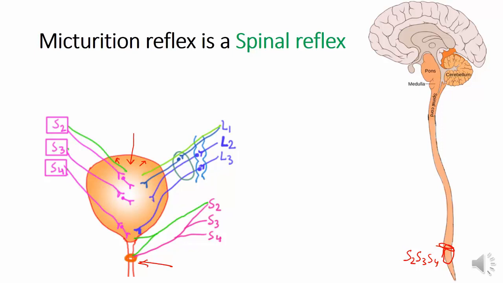It can be initiated voluntarily by relaxing the external sphincter and lowering the pelvic floor, and this lowering of the pelvic floor stresses the bladder wall and opens the internal sphincter, and this will activate the micturition reflex. Now contraction of the abdominal muscles and diaphragm will also increase the intra-abdominal pressure, and that will help in emptying the bladder.